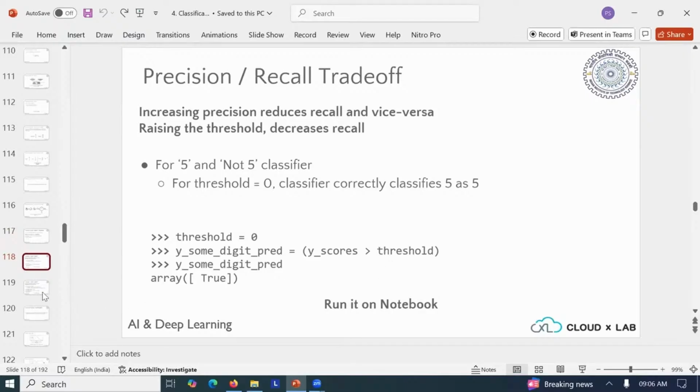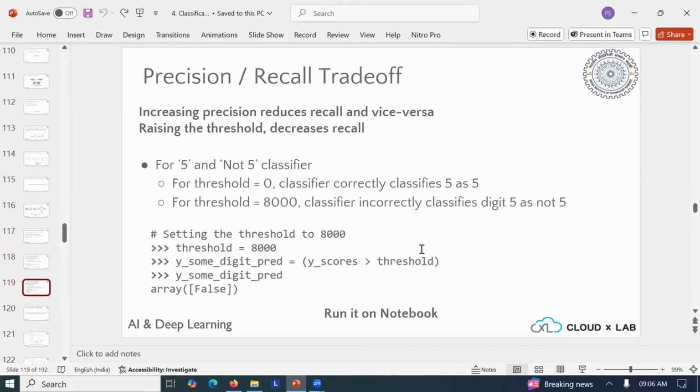Okay, so now let me ask one question. If I increase this threshold value, then what will happen?